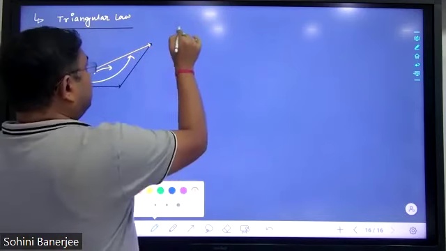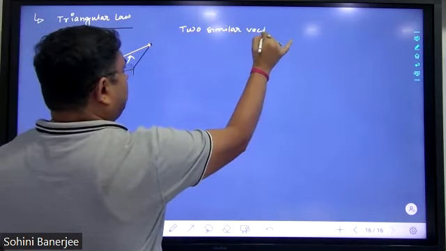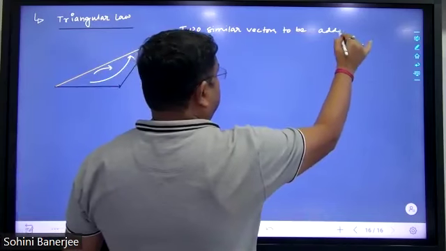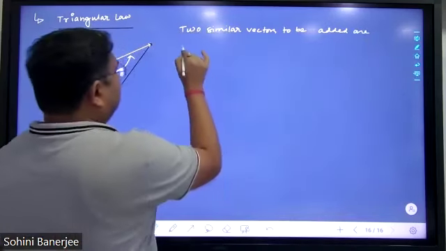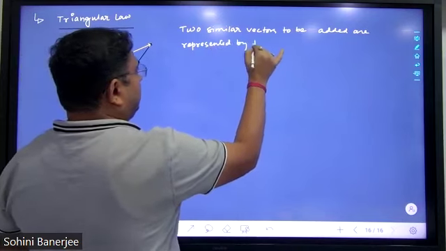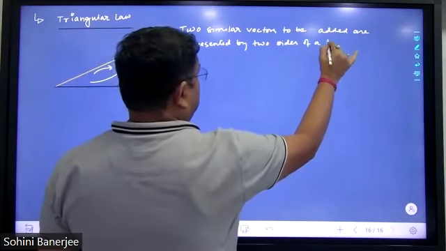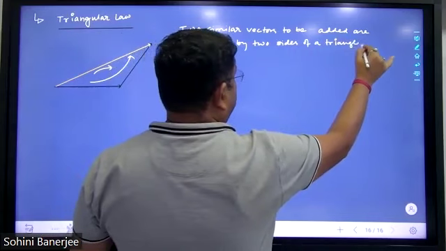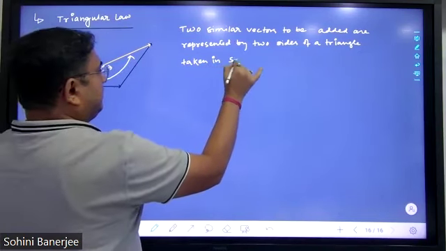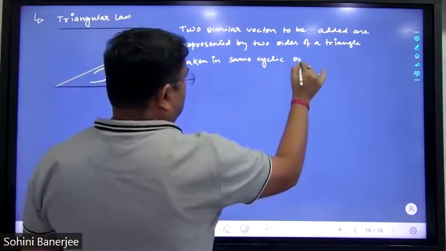That two similar vectors to be added are represented by two sides of a triangle, taken in the same cyclic order.